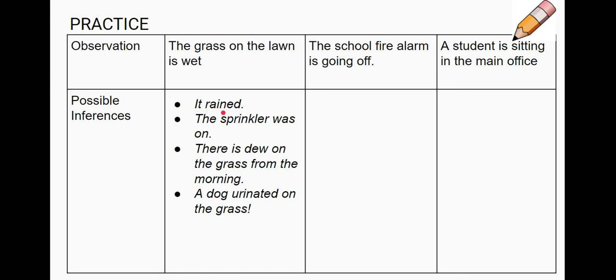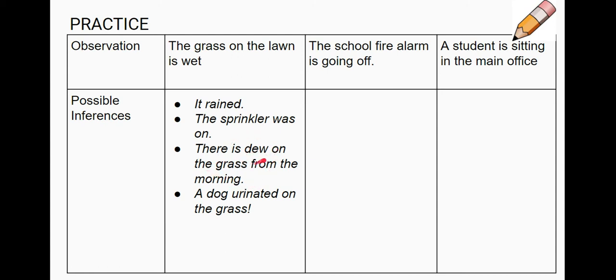It's possible it had rained, but if it hadn't rained, then another possible inference is that the sprinkler was on in the morning. And that's why when I walk out, the grass on the lawn is wet. A third reason that the grass could be wet is that there was dew on the grass from the morning.